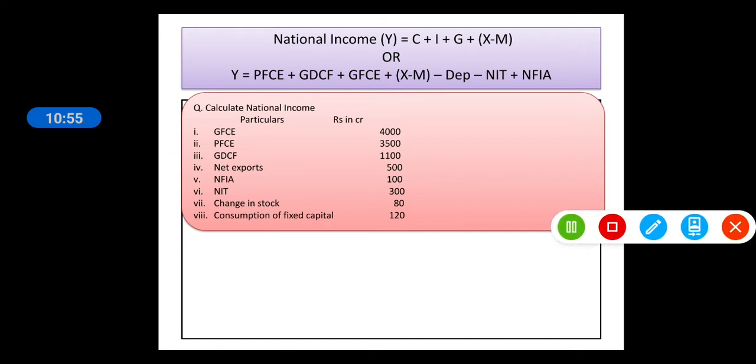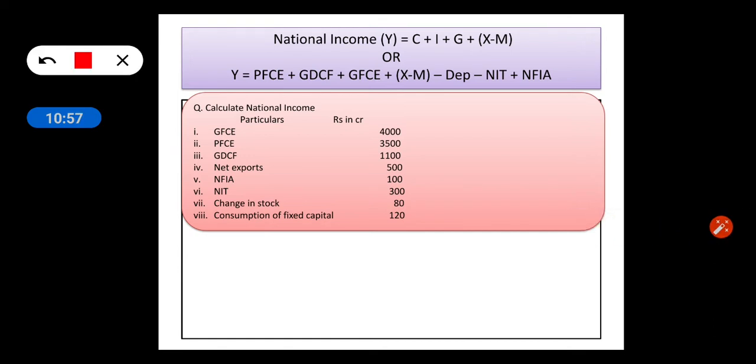Our national income is the consumption expenditure made by the private sector and non-profit institutions serving households, investment expenditure done by both the private and government sectors, government expenditure on the purchase of goods and services, and your net export.